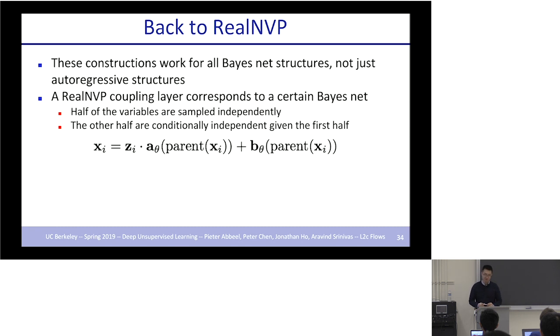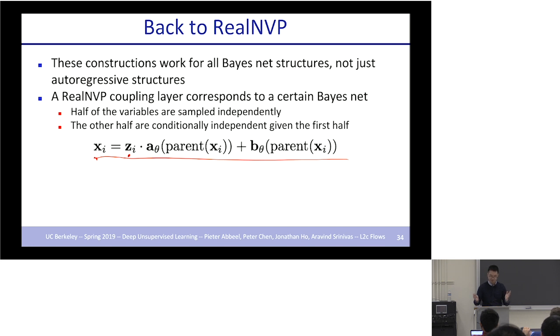These constructions follow Bayes net structures, and not just the autoregressive structure. We saw that autoregressive structure specifies a certain ordering of how the coupling dependencies come together. A RealNVP at its core is doing the following: I have a set of random variables transformed by an affine function.